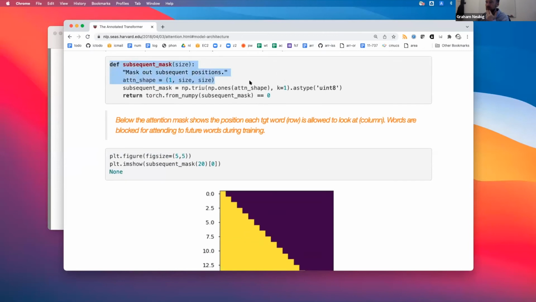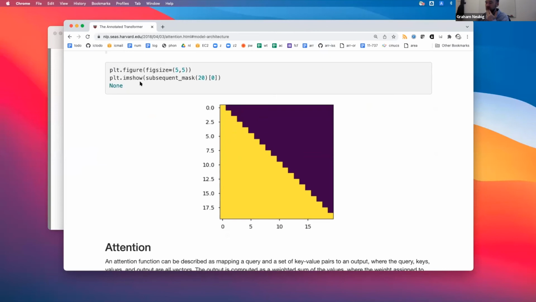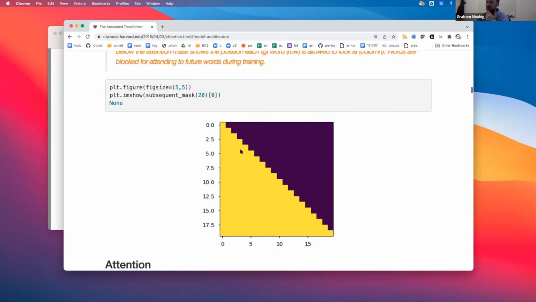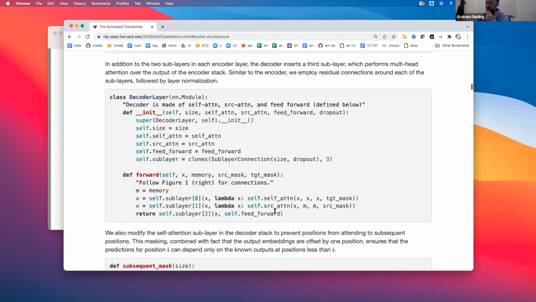And then it talks a little bit about masking here. That was the masking that I talked about in the lecture, where you're creating this mask that gets rid of all of the things that are in the future for the decoder. And this is applied only to the decoder.